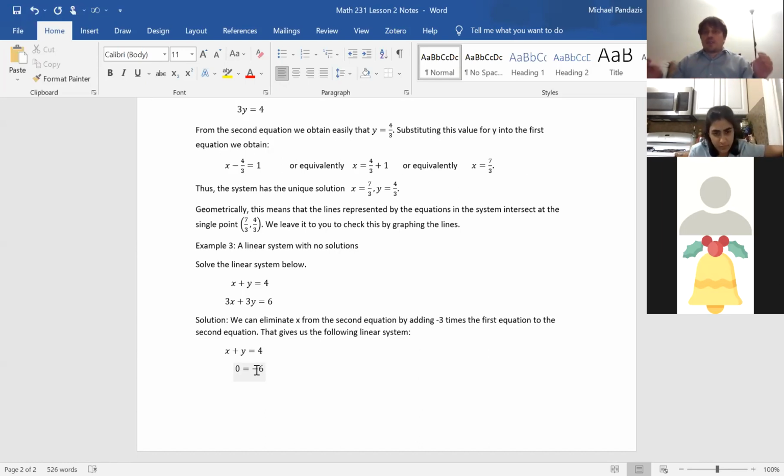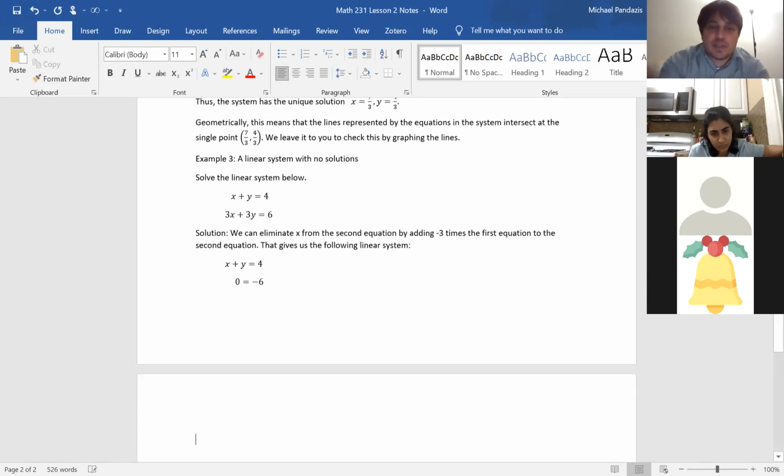There are no assignments to the variables in that linear system, x and y, that would make 0 equal to -6, obviously. And so that's the obvious reason why there are no solutions in that linear system, which is a little complicated to explain.